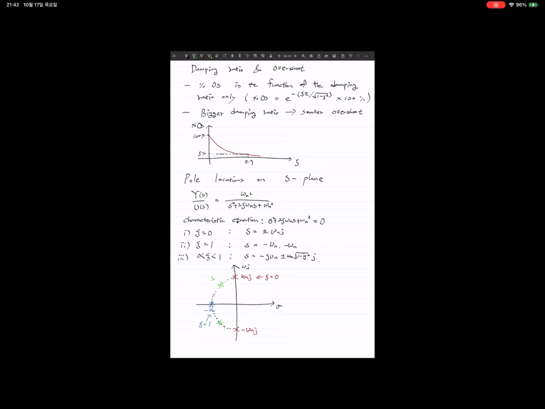So this is this case, and in this case, the imaginary part has this value, and then real value is minus zeta omega n.